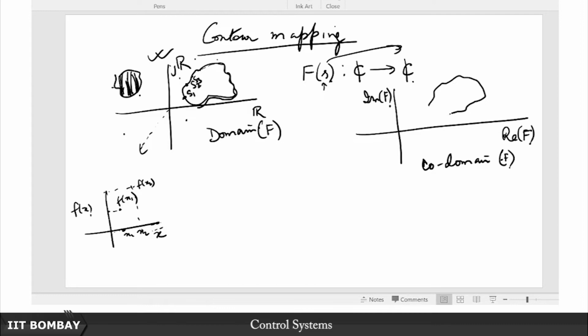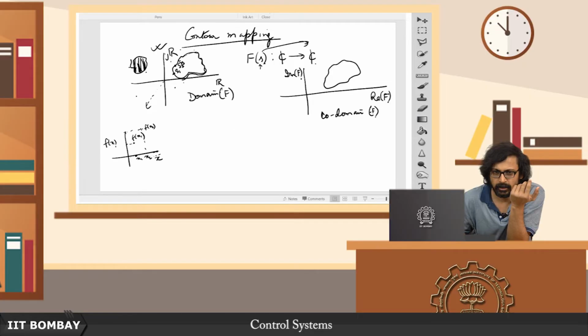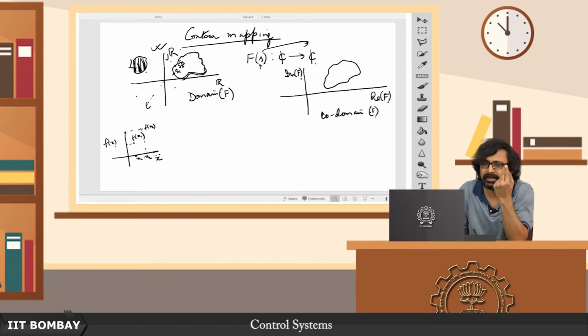Now the first observation that you can make is that if you take a closed contour here, you will also get a closed contour here. Why? Because quite simply, once you have made one round around this contour, you come back to the same point where you started from. So obviously if it is a single valued function, which is what we assume it is, then at this point say S1, it can have exactly one unique value.